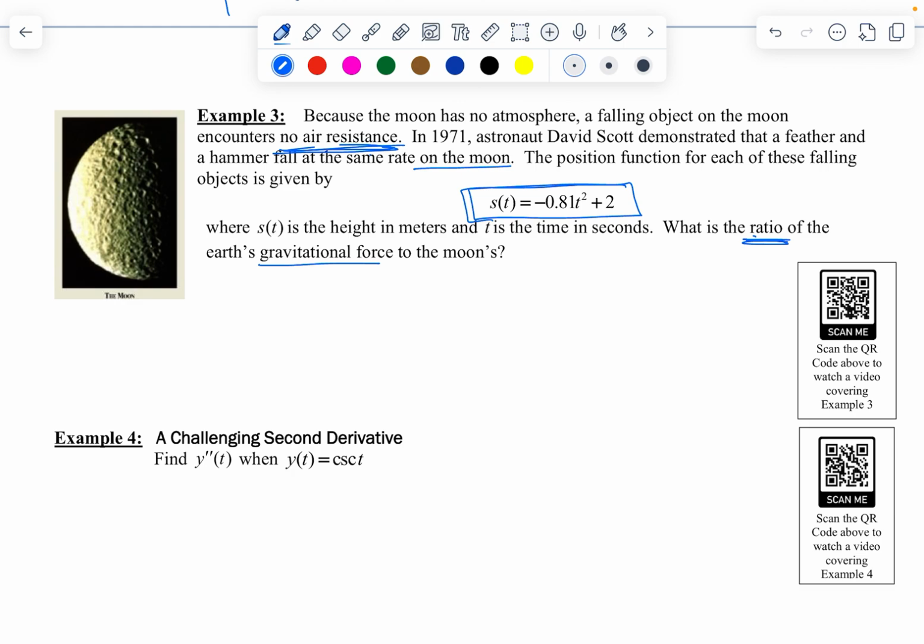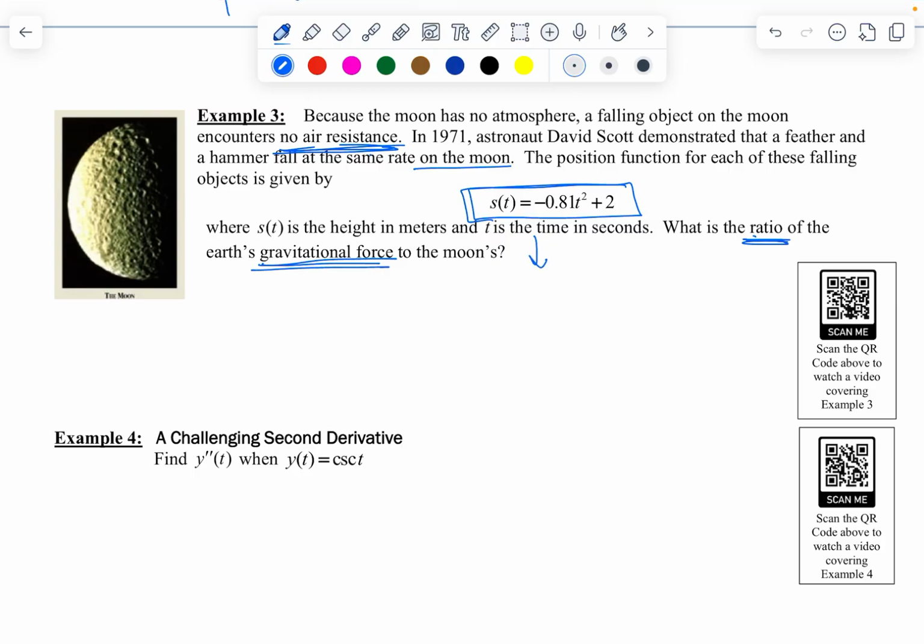So there's some information here that is missing, right? When they're asking for the ratio of the gravitational force, you want to get to acceleration.